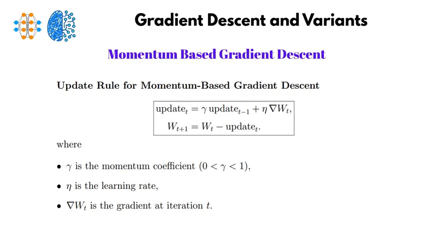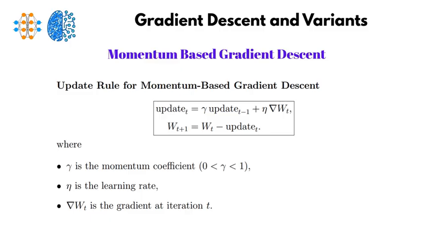The second term is eta multiplied by the gradient of w at time t. Here, eta is the learning rate, which controls how strongly the current gradient influences the update, and the gradient of w at time t represents the direction and the magnitude of the current gradient.